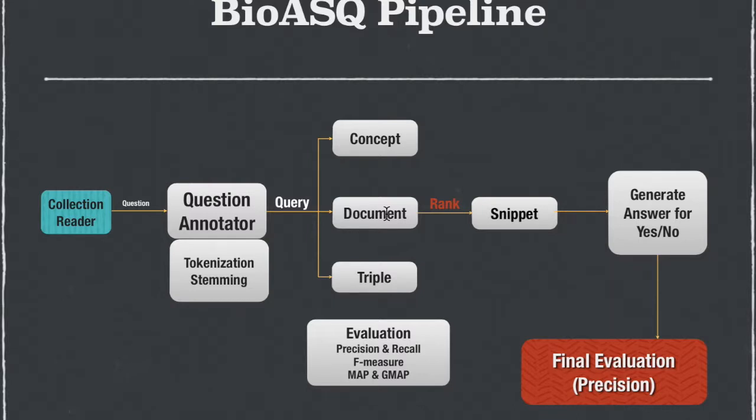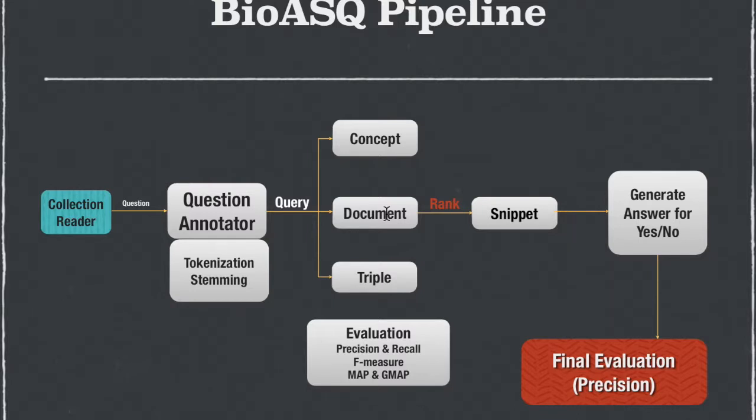The collection reader simply reads in a list of questions, then stores each question in the CAS as a question type object. These objects will be used by annotators further down the pipeline. We designed several annotators. The question annotator extracts important terms from the question text using Stanford NER, then combines these terms to prepare a basic query for use in retrieving information needed for generating an answer.